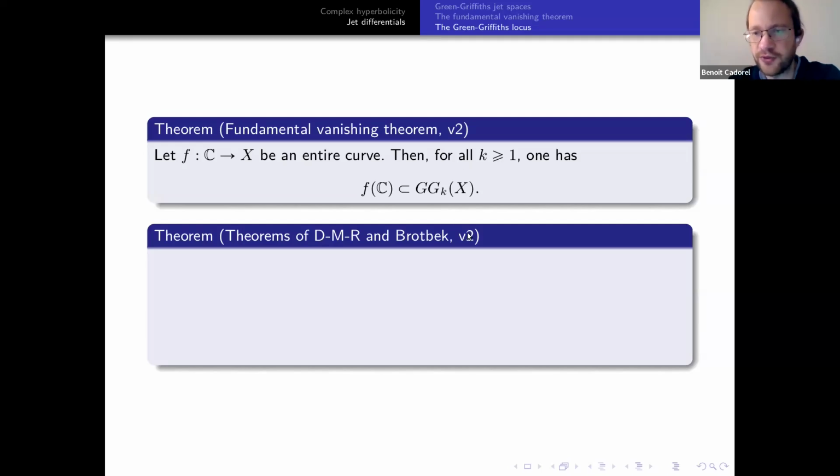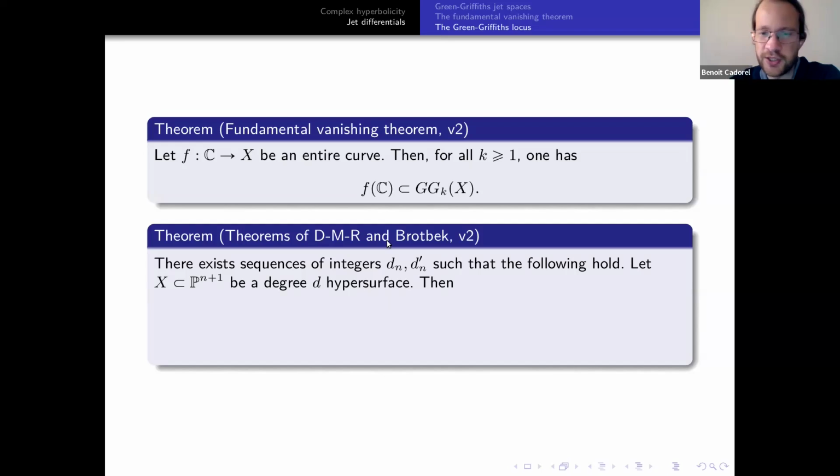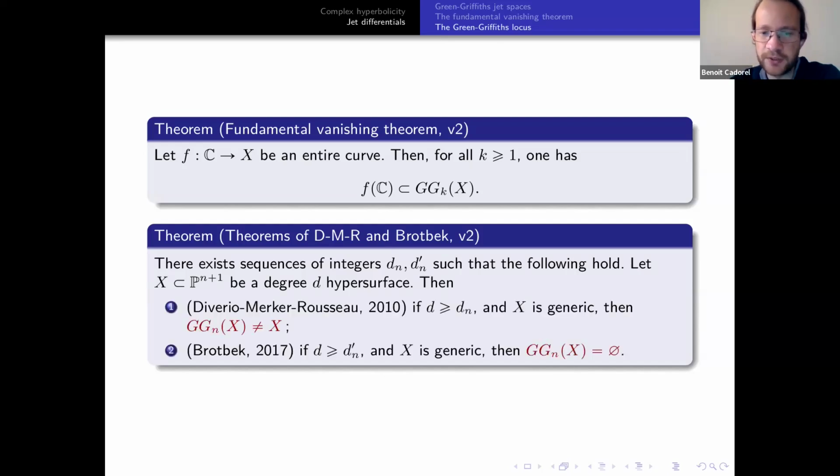So the second version of their theorem, what is actually proved in their work, is that under the same assumptions, if d is large enough and X is generic, then you can prove that the Green-Griffith locus of order n, the order must be the dimension of your manifold X, is not the whole manifold, and so the entire curves must fall in a proper algebraic subset, which is this Green-Griffith locus, a subset of X. And if you take degree even larger, then you can actually prove that this Green-Griffith locus is empty.